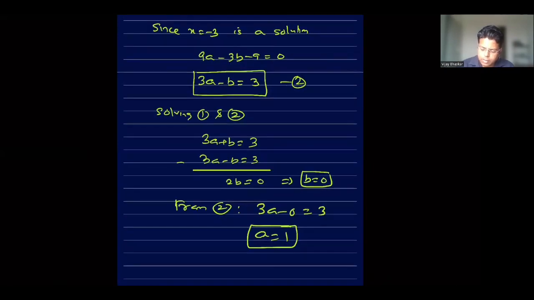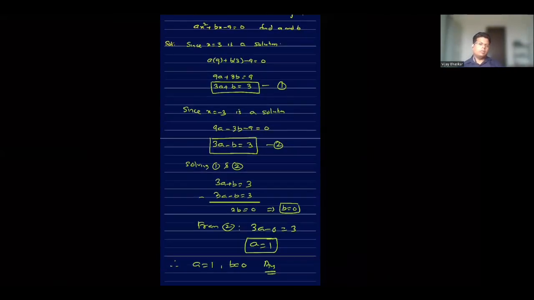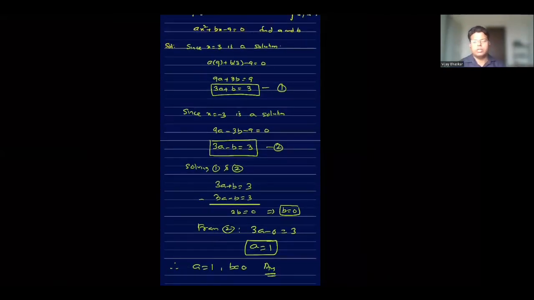So therefore, the correct answer is a equal to 1 and b equal to 0. That is the right answer. Understood? In every question, 2 points will be given to you. So we'll satisfy both the points in the quadratic equation, put it equal to 0. From there, we'll get 2 equations. We'll solve both the equations together to find the values of a and b.